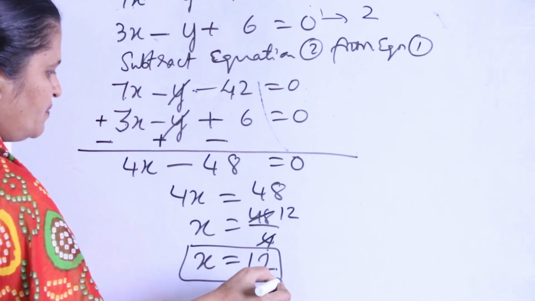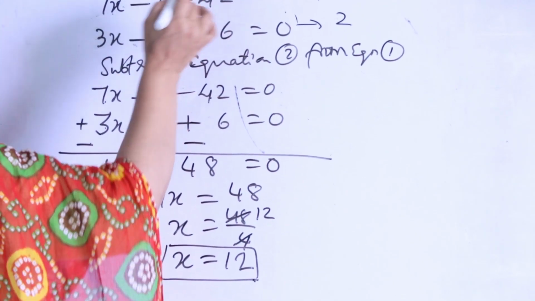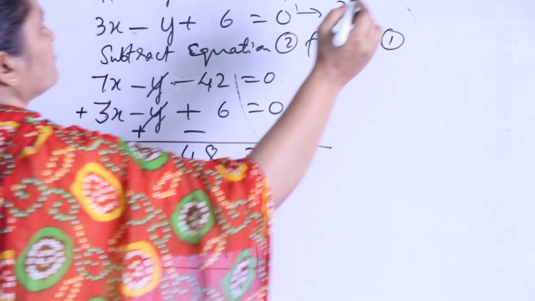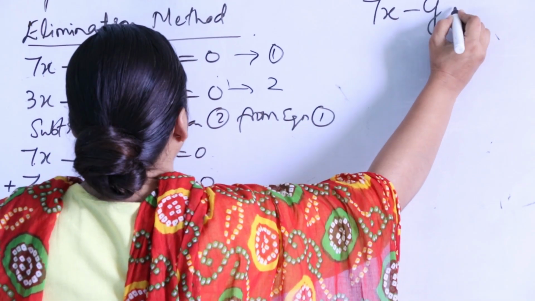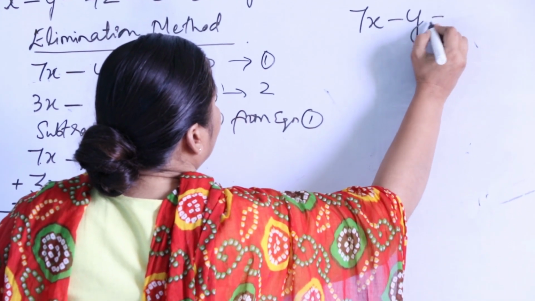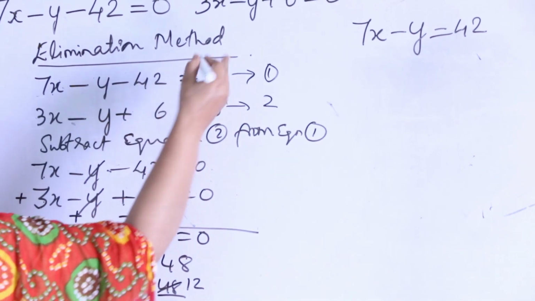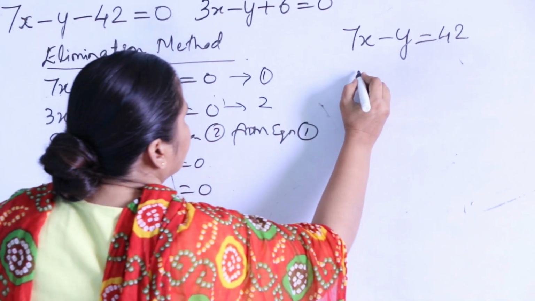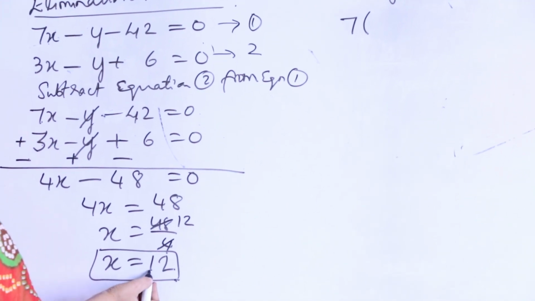Now, substitute the value of x in equation 1. By substituting the value of x in equation 1, I am already writing it as minus 42 transposed to the right hand side. 7 times, what is x for us? 12.